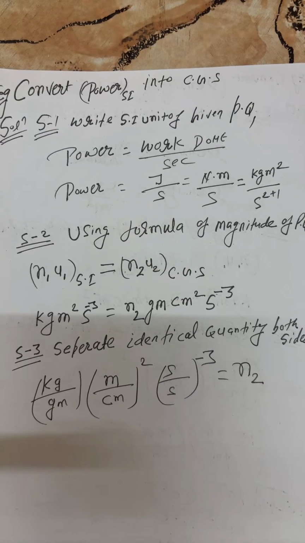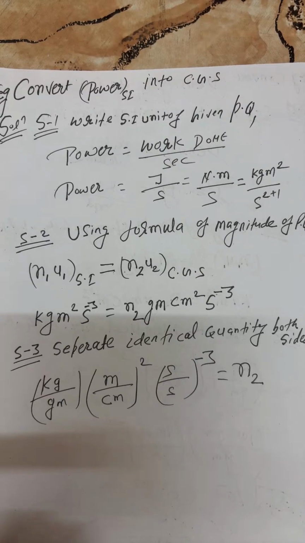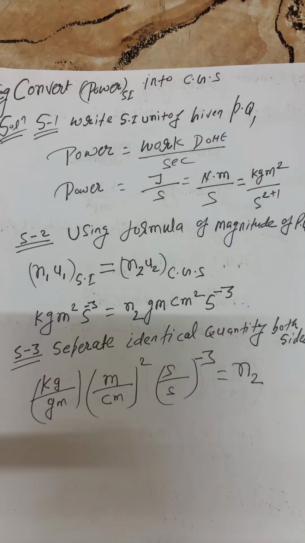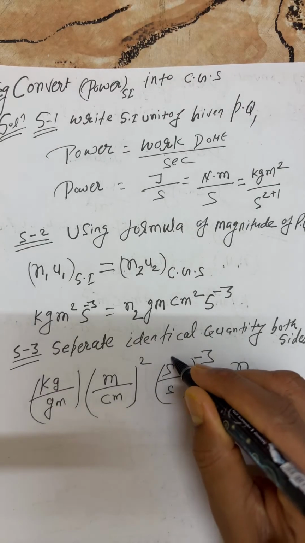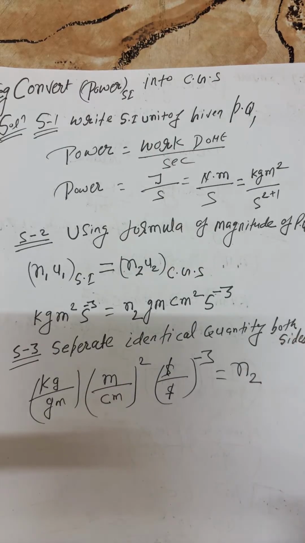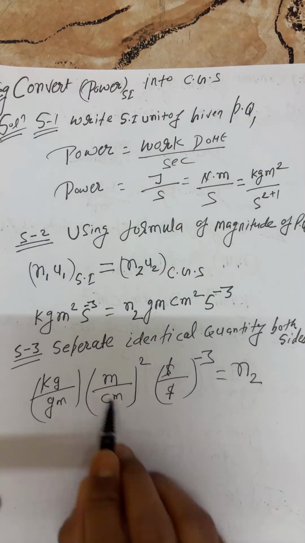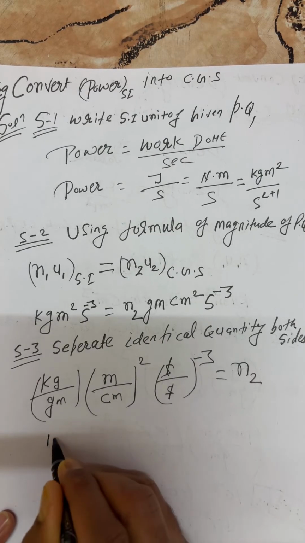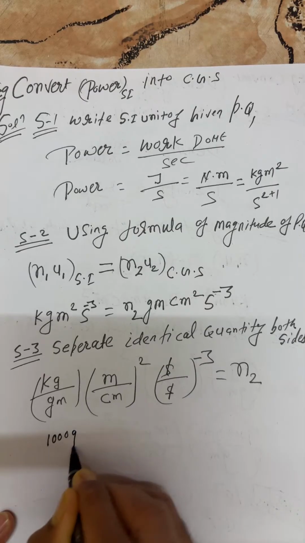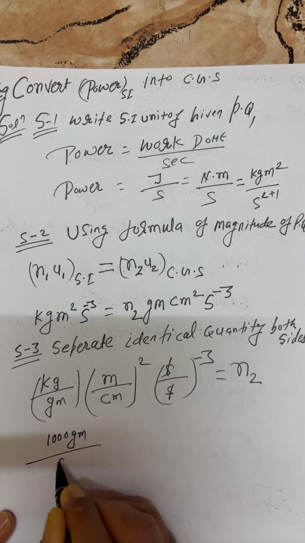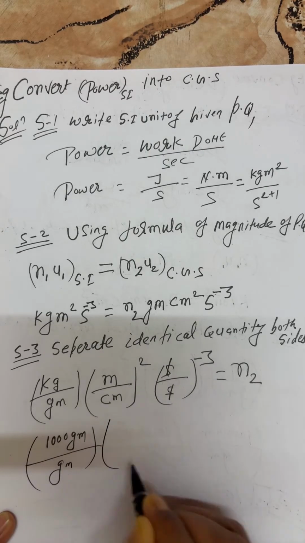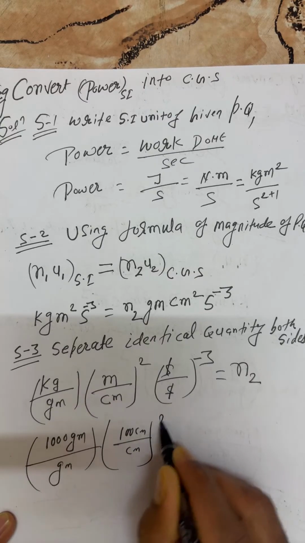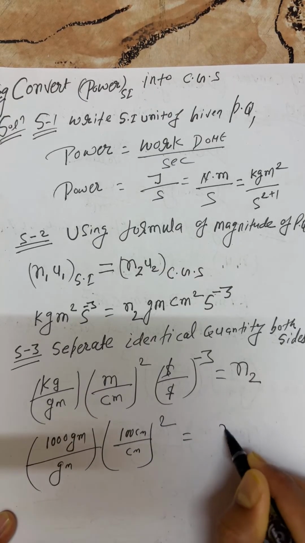Okay, so beta, here again you have a choice. Either you can keep kilogram into gram and meter into centimeter, or seconds with seconds, giving 1 to the power something, which is dimensionless. So now, students, here I'm using kilogram equals 1000 gram, and meter equals 100 centimeter whole square, which is equal to N2.